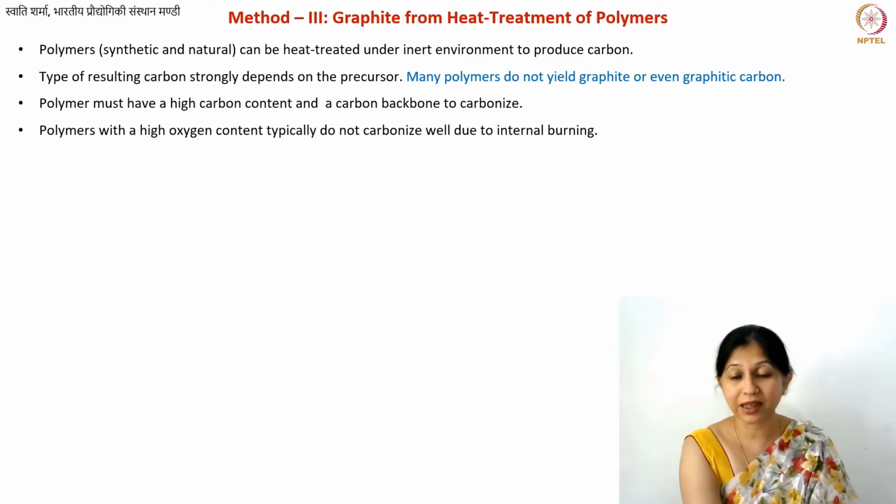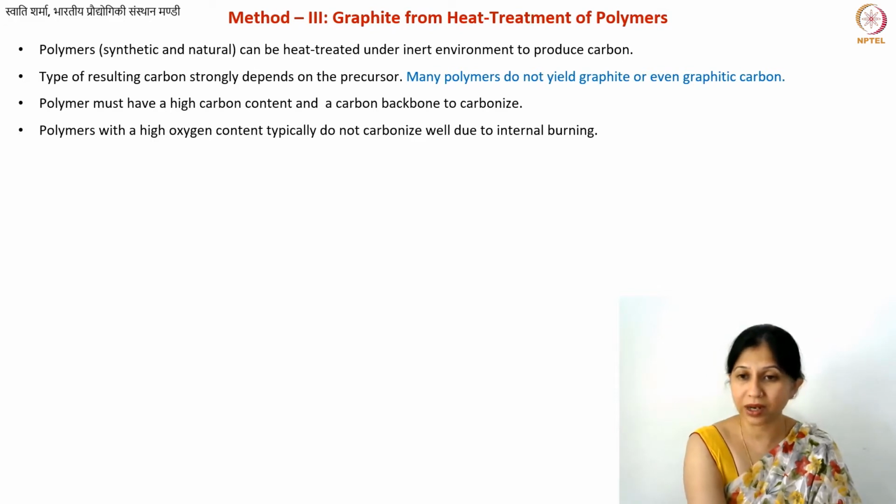Also, there are certain other elements, for example chlorine, and any oxidizing materials you typically don't want in your polymers. But again, there are no hard and fast rules, and sometimes you need to just try things out. Especially nowadays, you have a lot of new polymers in the market, and there is a lot of research in the field of polymer chemistry.